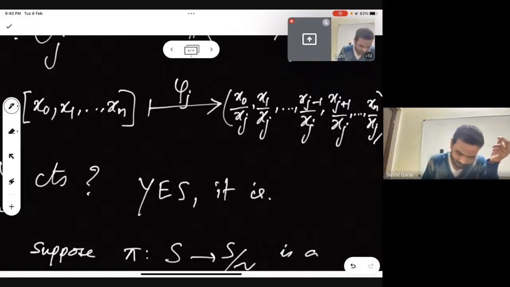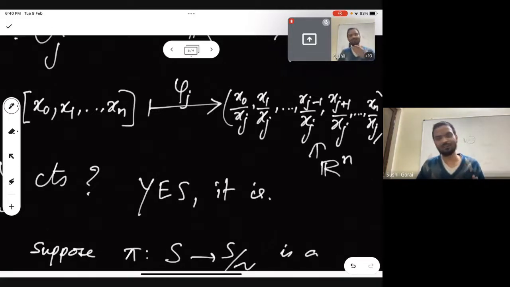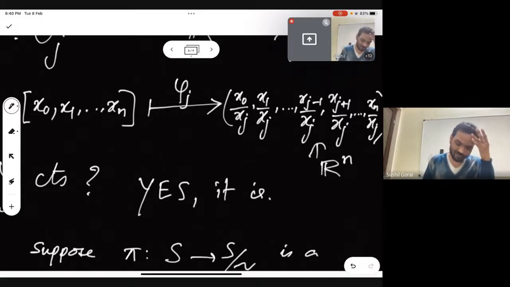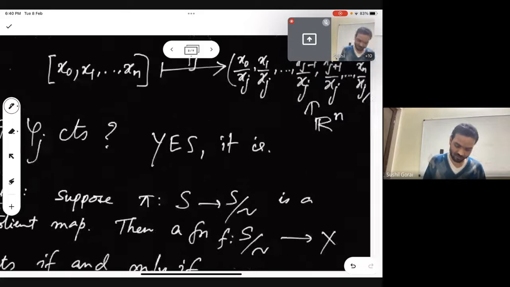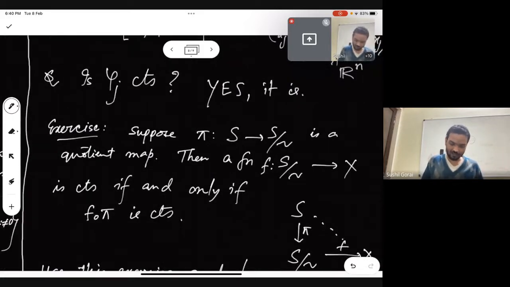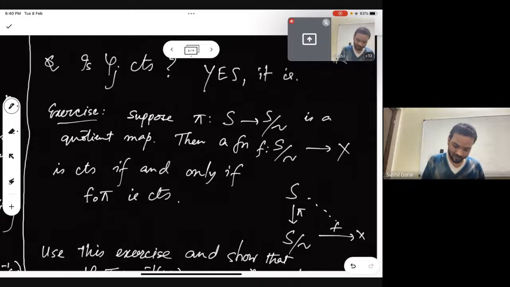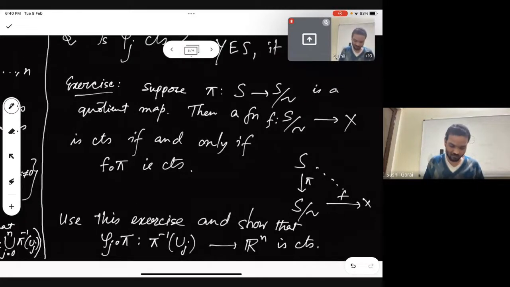Now this point belongs to R^n. And if you multiply by t every one of these coordinates, it would come from a map from R^{n+1} minus 0, which is in this case the open subset pi inverse of U_j.